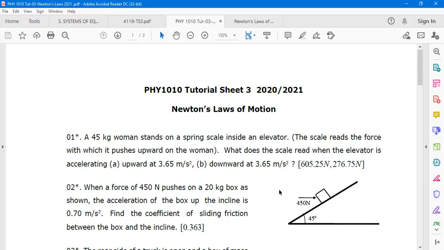What does the scale read when the elevator is accelerating (a) upward at 3.65 meters per second squared, and (b) downwards at the same acceleration? So let me just try to share the whiteboard and ignore this part. I'll read the question again. But let me just share the whiteboard.